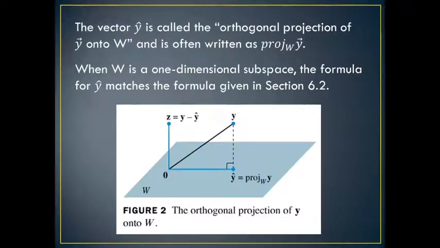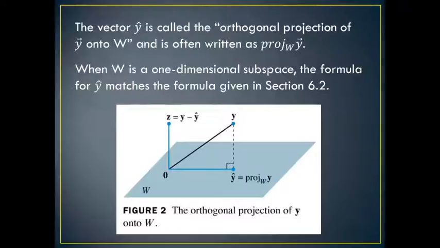Okay, the vector y hat is still called the orthogonal projection of y onto W, and it's often written as proj subscript W of y. So that's read as the orthogonal projection of y onto W. And when W is a one-dimensional subspace, the formula for y hat matches the formula that we gave in section 6.2 for projecting a vector onto a line.